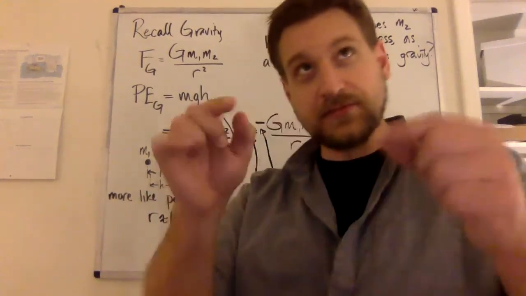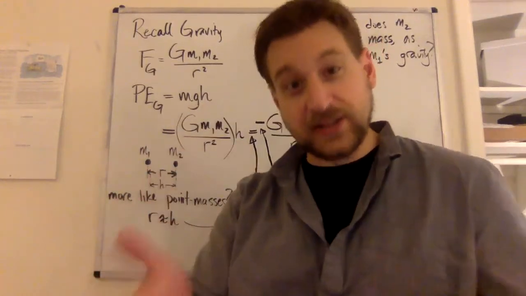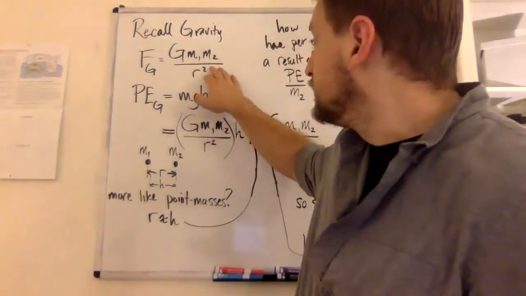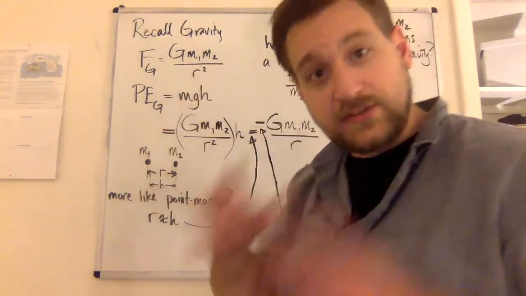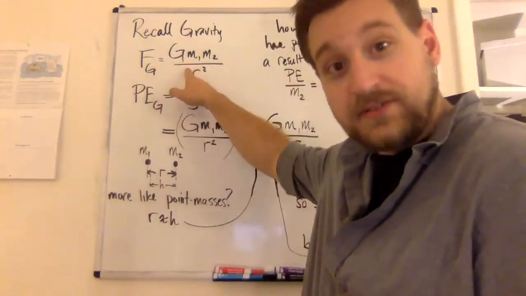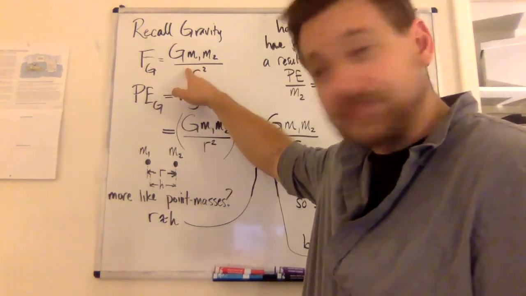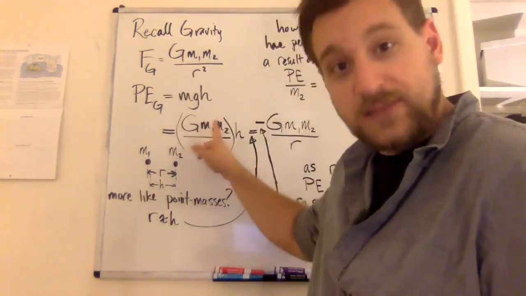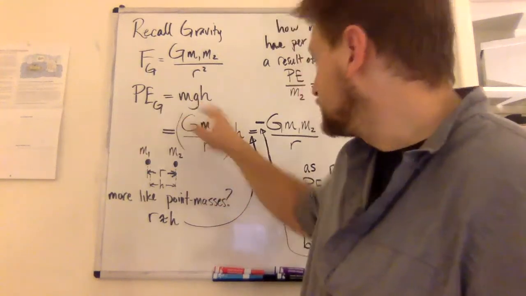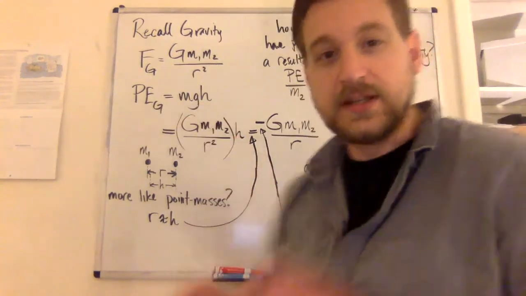But that's the force exerted on that object by gravity. Well, that's this. So I'm going to replace the force exerted by gravity with what Newton's law of gravitation tells me it's equal to: G m1 m2 over r squared, times h.